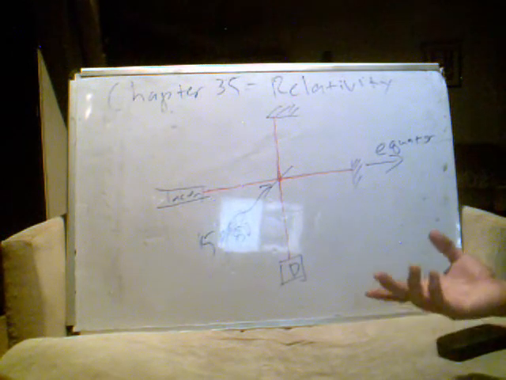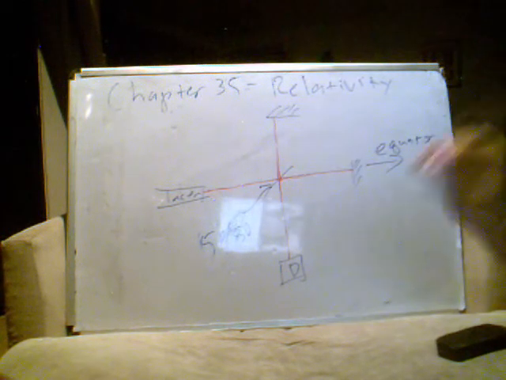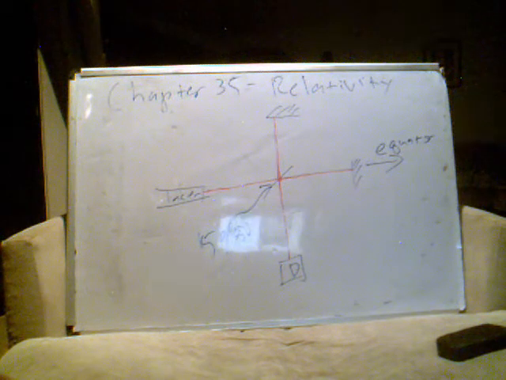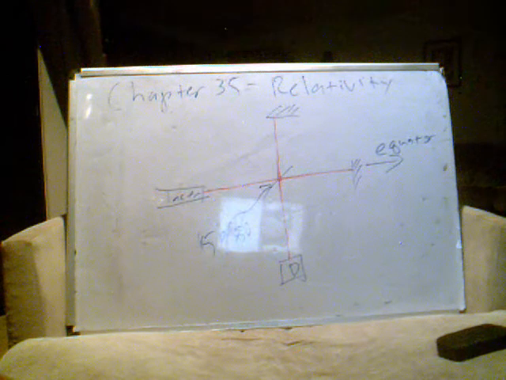Light will always look like it's going away from you at the speed of light. And so the speed of light, as we say, is invariant in all frames of reference. This, of course, is true because the laws of physics are true everywhere.